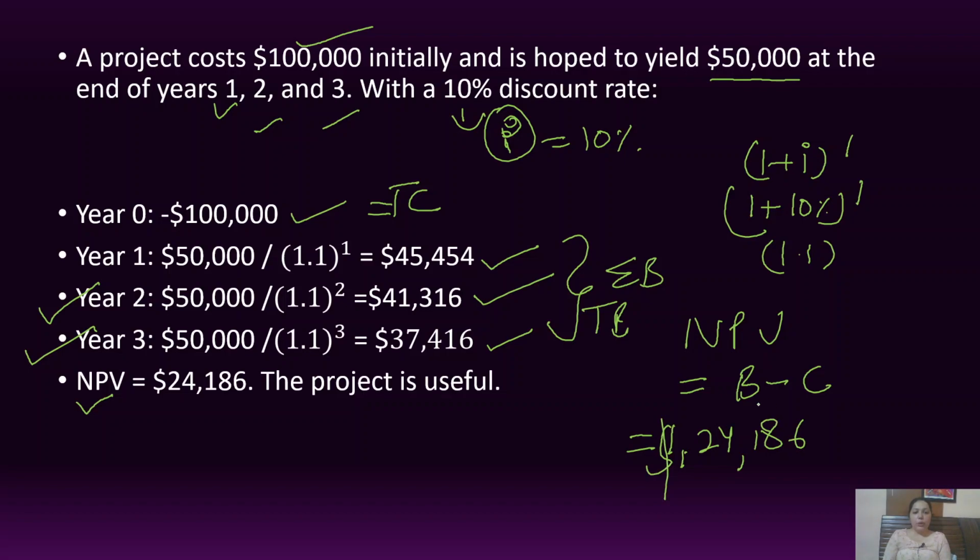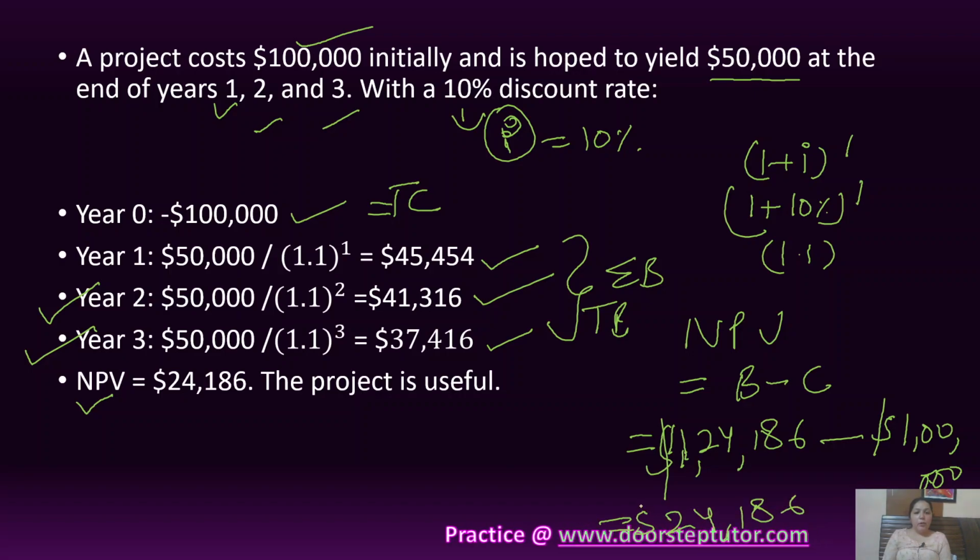This is the total benefit from summing up each year, and the cost as we have is US dollar 1 lakh. So if you subtract these values, what would be the answer? The answer would be 24,186 US dollars. This is the answer we have.